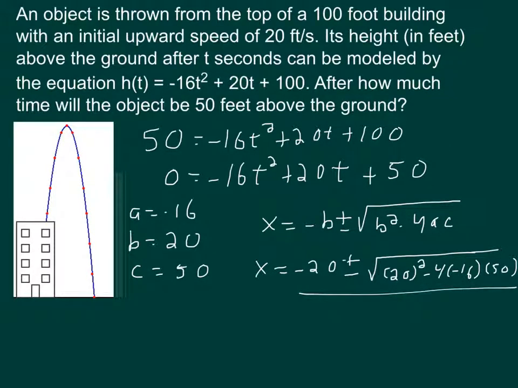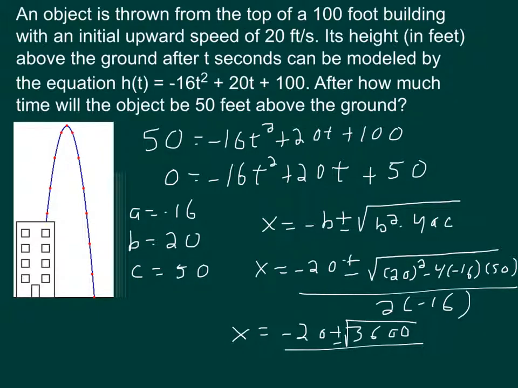There we go. And we're going all over 2a, which is all over 2 times negative 16. So, do a little bit of calculator work. Do 20 squared minus 4 times negative 16 times 50. And we're going to get x equals negative 20 plus or minus the square root of 3,600, all over negative 32.